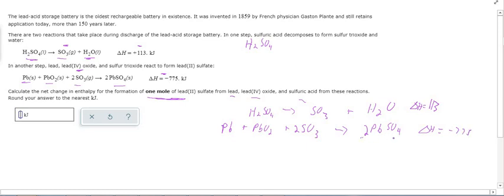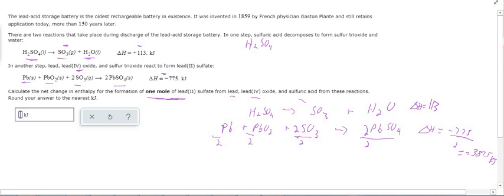So if we divide everything by 2, then that means we also have to divide that heat of reaction by 2. And so if I divide that by 2, then that's going to give me a minus 387.5 kilojoules. That's still giving off heat, just half as much heat.